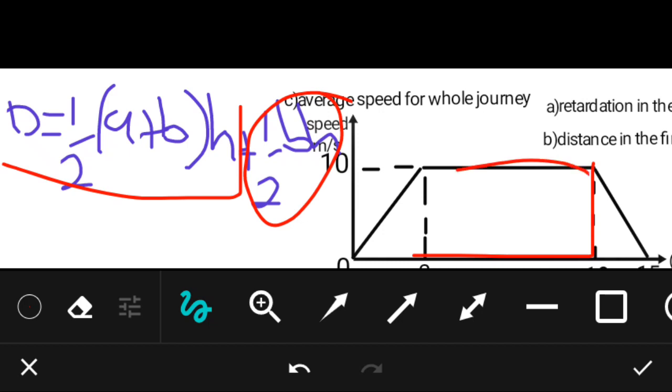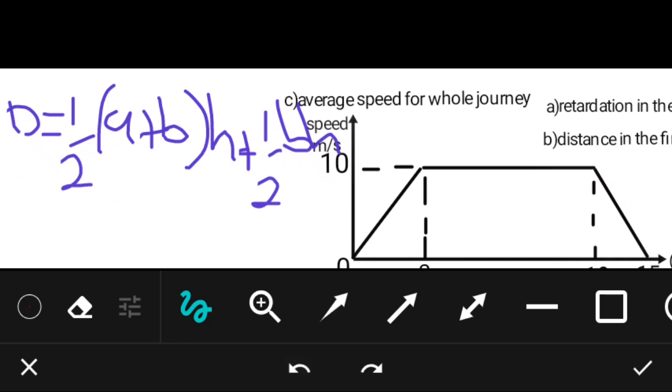And when you look at this shape here, this is a trapezium. But this time around, we are including this triangle here. So the formula for a triangle is this one here, which is half then base times height. That is the formula for a triangle. So you need to include this triangle here.